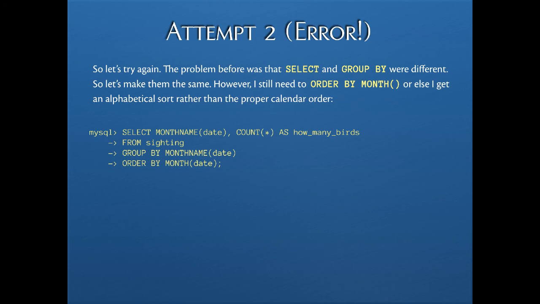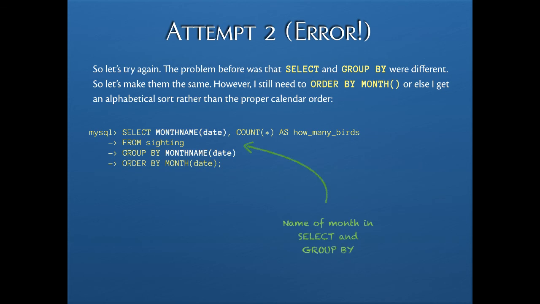Totally legit. So do not leap to the conclusion that you have to have the same columns in select as you do in group by. That's not the answer here. Any value is one. But let's pretend, let's imagine now that we're like, well, okay, let's just make them the same. So now I am going to select the month name, and I am also going to group by the month name.